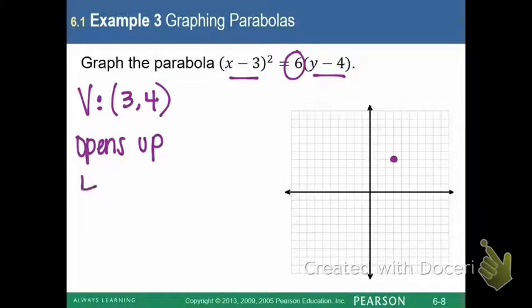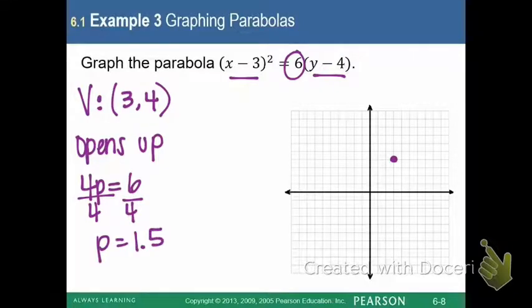So remember, I always use my equation 4p equals that number 6 to solve for p. So p is equal to 1.5. So then I know it's opening up, so from the vertex here I'm going to go up 1.5 units. Okay, I go down 1.5 units to draw in the directrix.